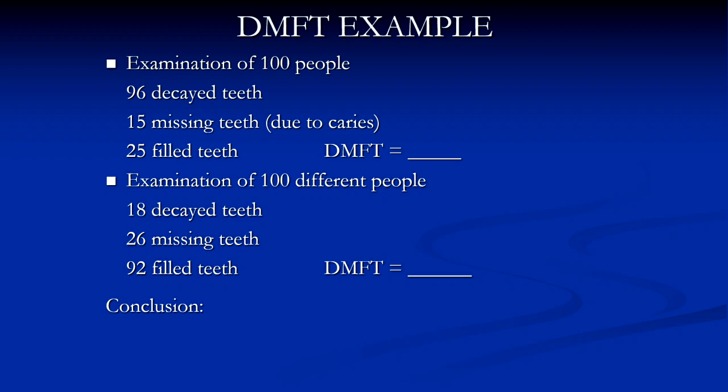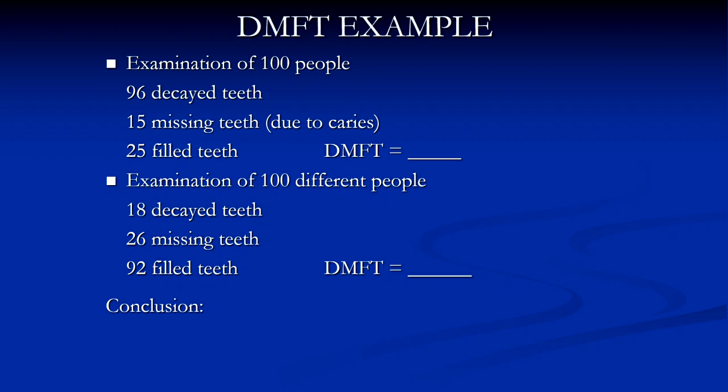Now, if we looked at, let's say, the D3s, we did a clinical screening of 100 different people. So let's say that there's 100 D3s. We found that they had 18 decayed teeth, 26 missing teeth, and 92 filled teeth. And those missing teeth are due to caries.